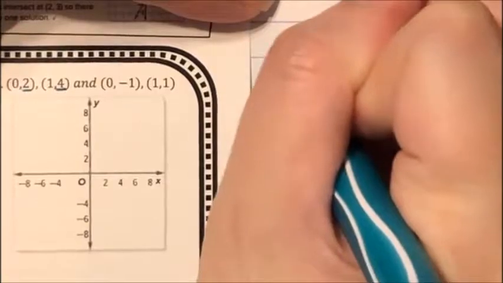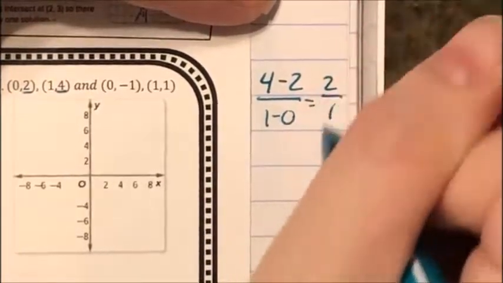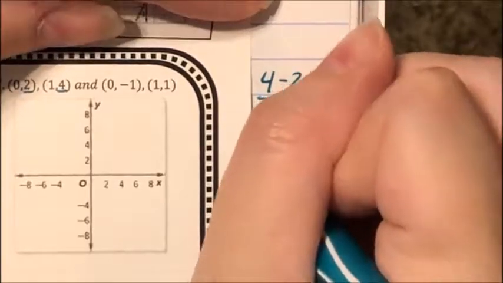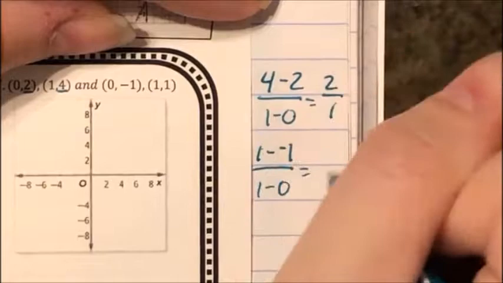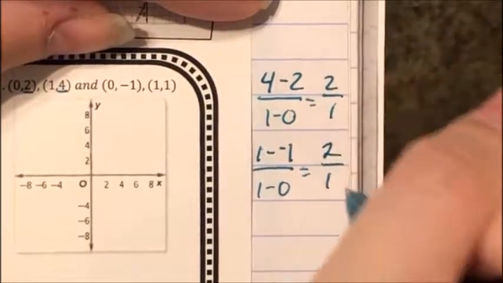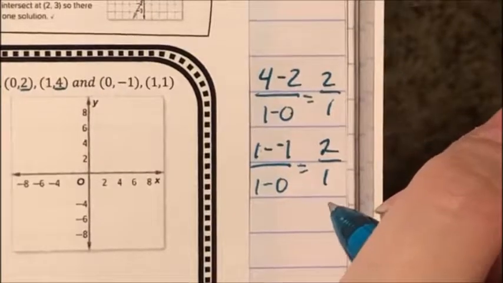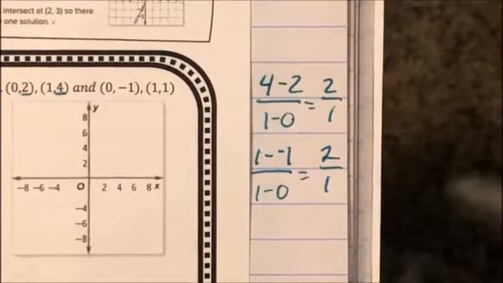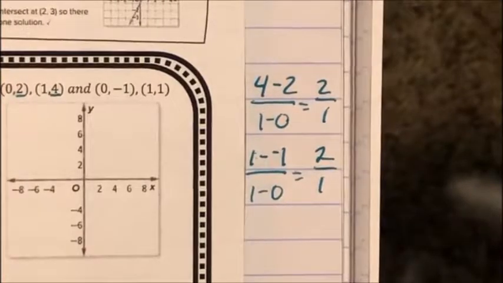So I have 4 minus 2 over 1 minus 0, which is 2 over 1, and then 1 minus negative 1 over 1 minus 0, so that's 2 over 1. Okay. So they both have a slope of 2.